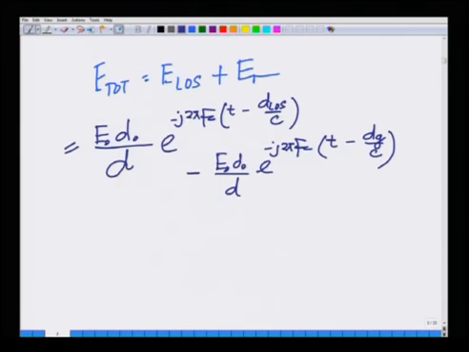Remember, this first term is E t naught, the second term is E r, and the minus arises because of the phase inversion at the ground reflection.